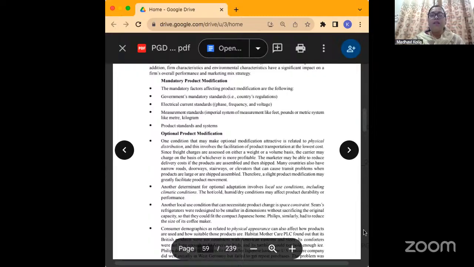For example, one is government's mandatory standards, that is the country's regulations. The second can be in terms of electrical current standards, particularly in terms of white goods like fridge, washing machine, mixie jar. These need to be adapted as per the country's power regulations or electric regulations. That means phase, frequency, voltage.